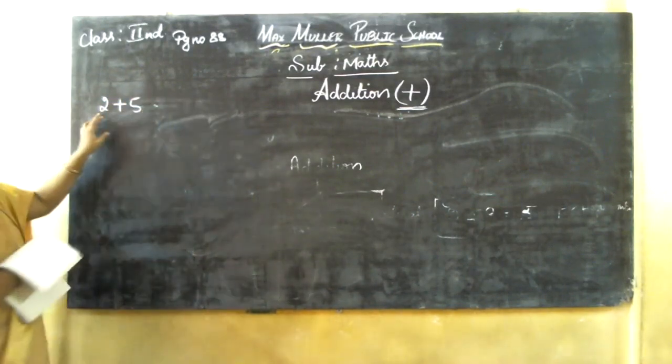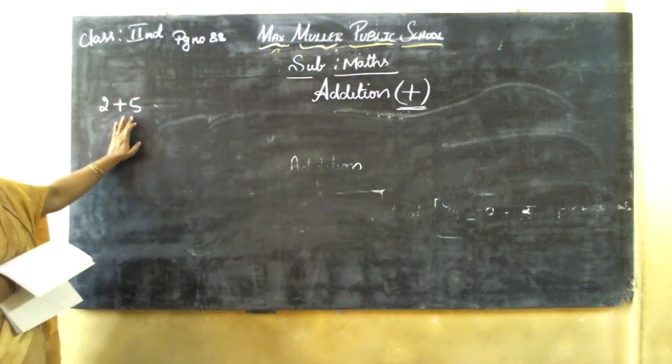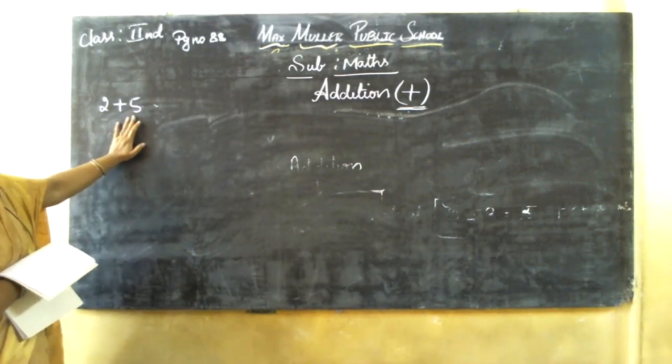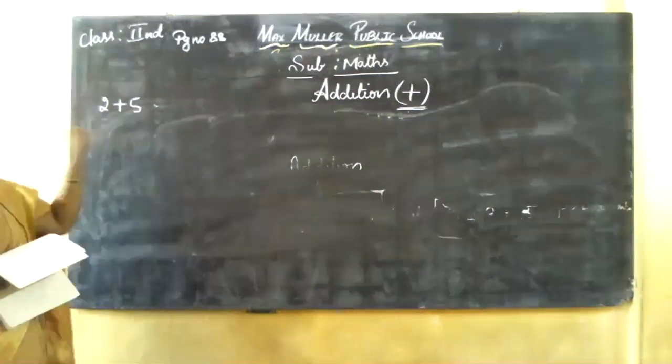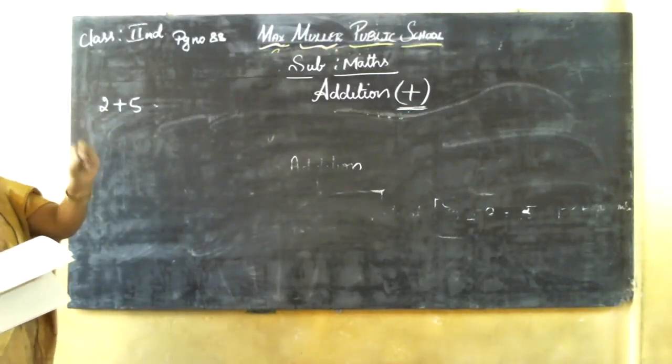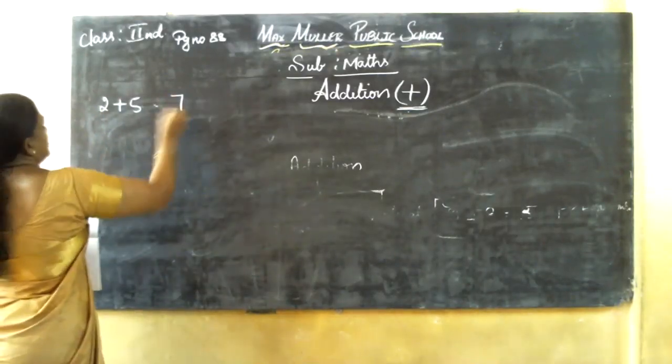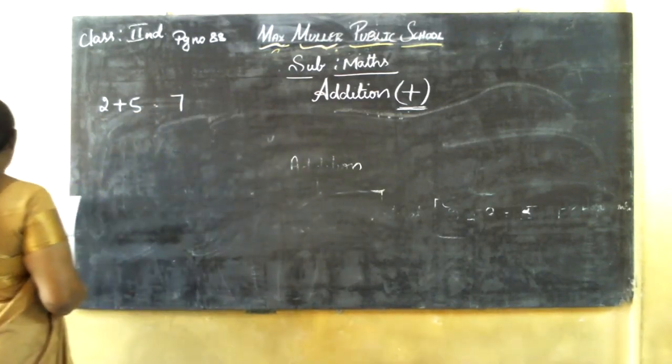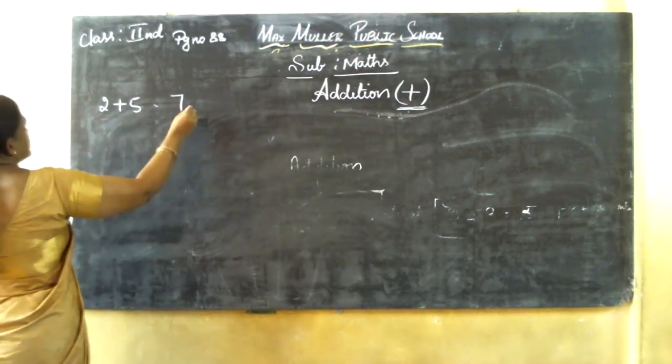In this, which one is the bigger number? 5. 5 you keep in the mind, and 2 on the finger. See, after 5: 6, 7. Understood, children? Like this you will do. This is one method.